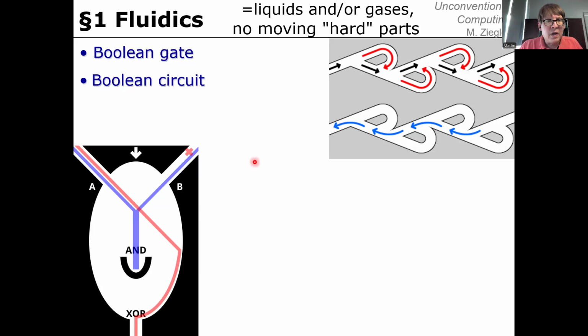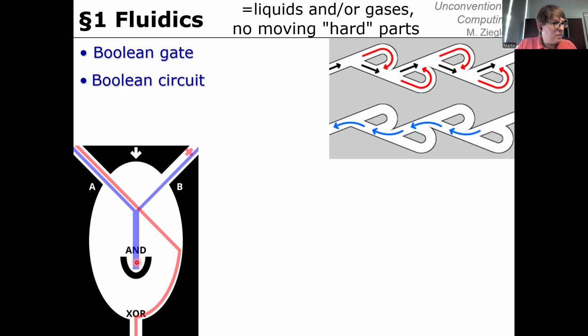Same when only water enters in B, but not in A. But when both enter, then they end up in this cup and don't get to leave through this XOR output. So that's an exclusive gate. And using both AND and exclusive OR, one can combine any other Boolean circuit by combining these. So again, observe no moving hard parts, only the liquids move, in order to realize Boolean gates.